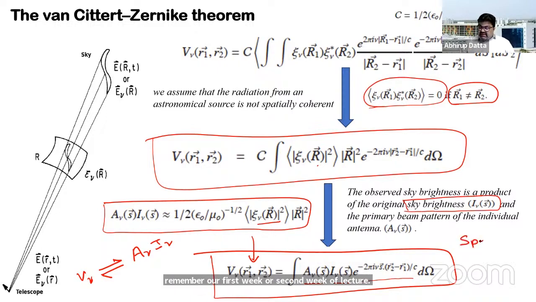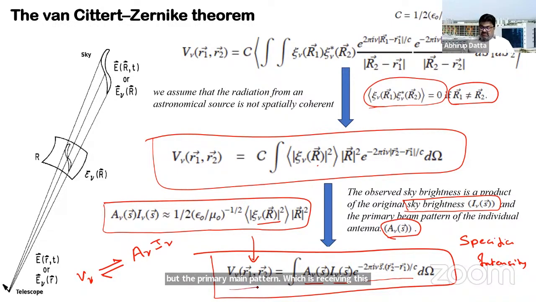So this I is nothing but linked to the specific intensity on the sky plane, when talking about the astrophysical sources, and A is nothing but the primary beam pattern, which is receiving this entire information.